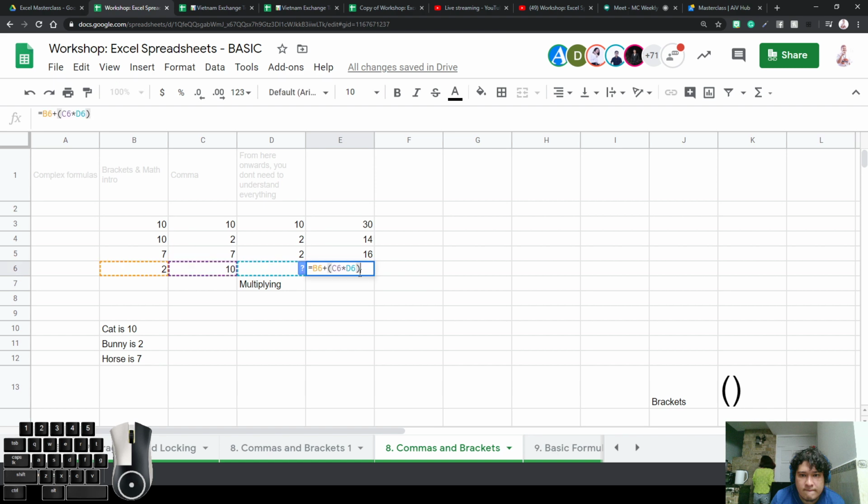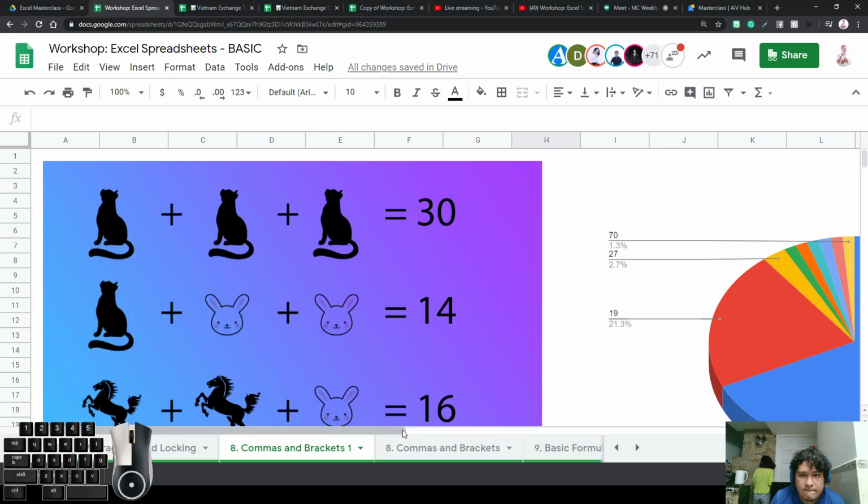But understanding that whatever is inside the brackets happens first is important, because probably the mistakes happened when people did it like this. If people didn't realize that was multiplying, that's why a lot of people think it was 19.